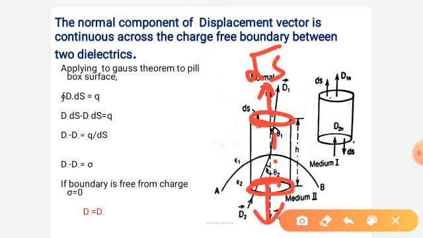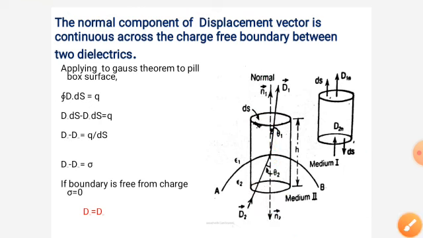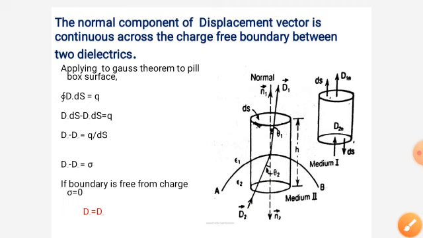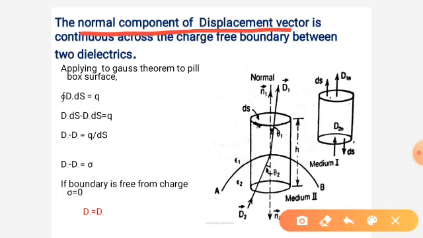Normal to this surface it becomes ds bar. So in these two media, the displacement vector is d2 for epsilon 2 and d1 for epsilon 1. These two vectors make an angle theta 1 in dielectric epsilon 1 and theta 2 in the dielectric medium epsilon 2. So our definition is the normal component of displacement vector.